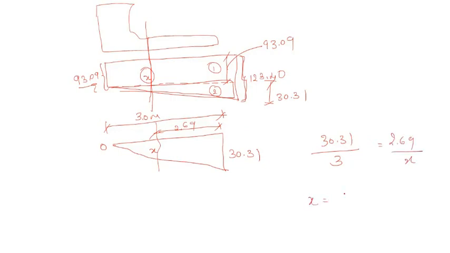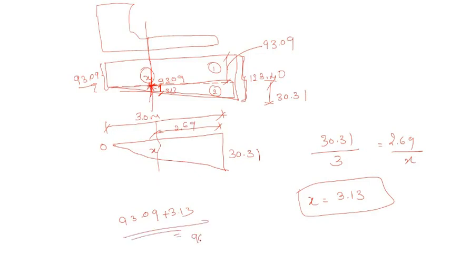On cross multiplication and simplification, we get x equals 3.13. Therefore, just add 93.09 plus 3.13, and up to this point the total will be 96.22.